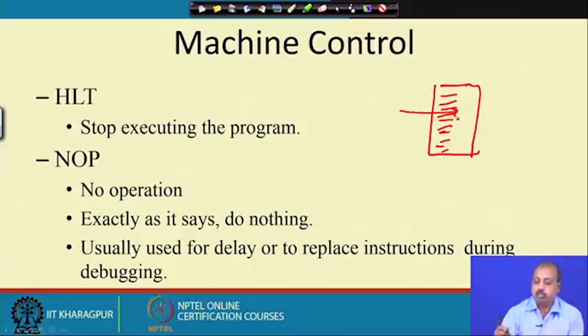So, what we do? We introduce some special instructions which are useful for debugging. After that, if you execute the program now, when the system reaches this point, the debugger will get invoked, and accordingly you can check the content of CPU registers or modify them and all those things.